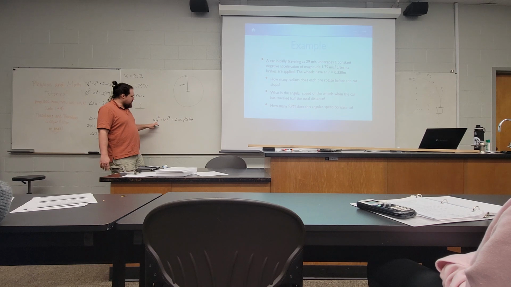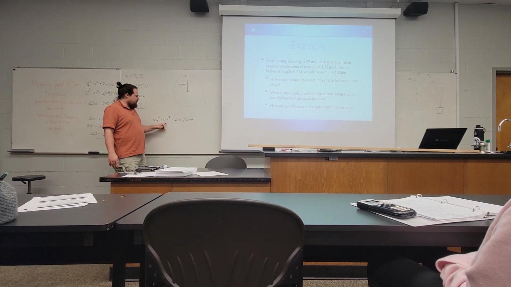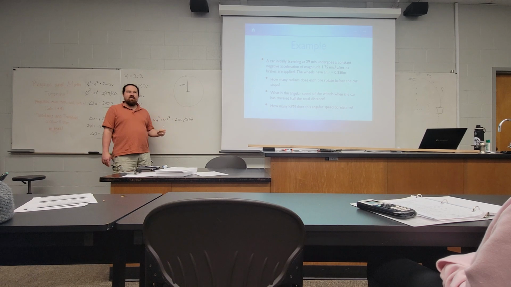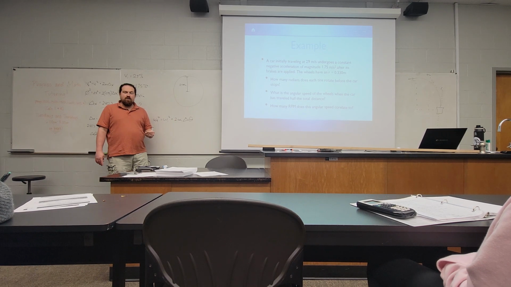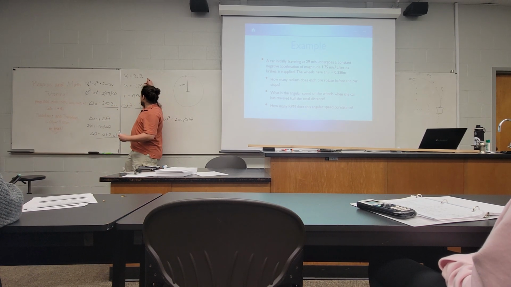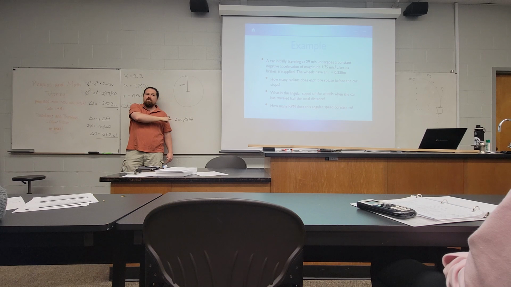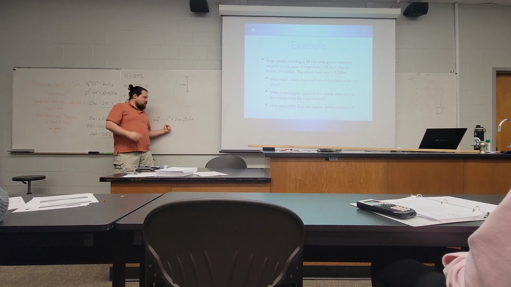Omega F is the thing that we're after, and that means we need to figure out what to put in for omega I and alpha. Those are the angular counterparts of initial velocity and acceleration. So we can take the linear initial velocity and linear acceleration, and convert them into omega initial and alpha.